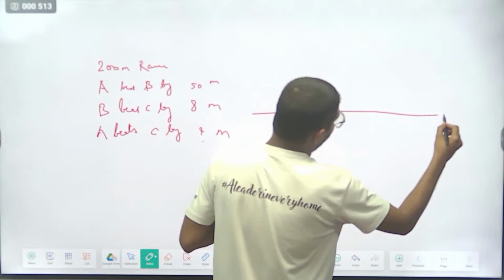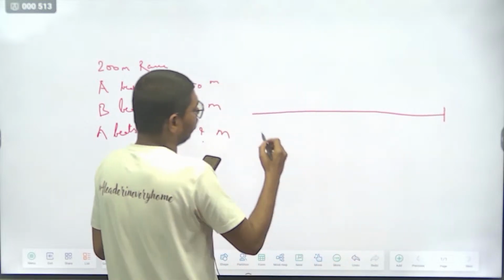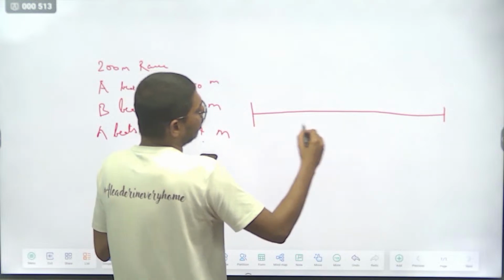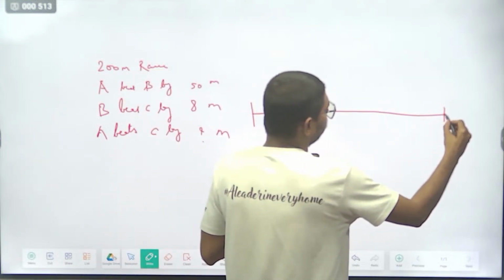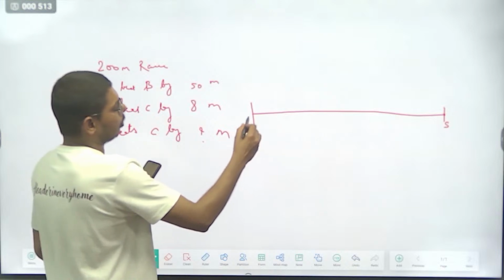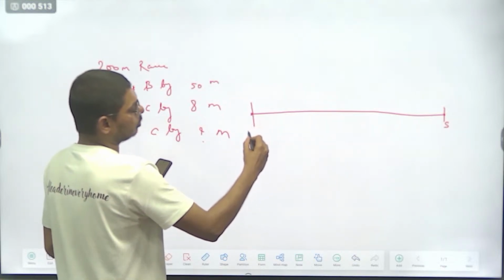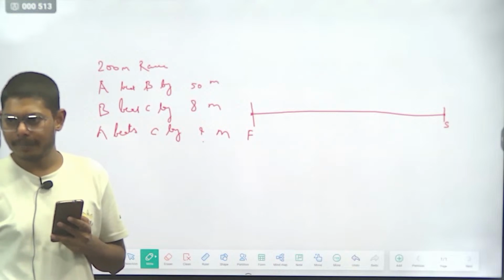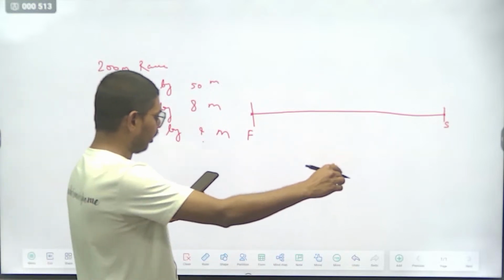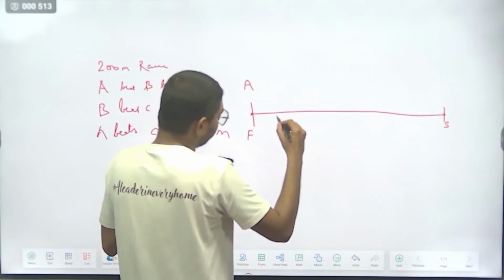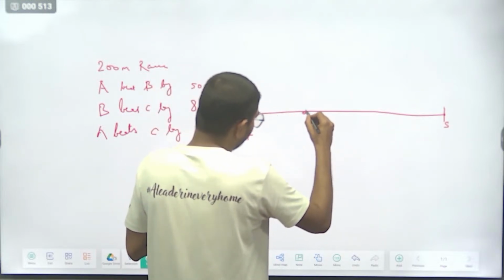You can write down something like this. This is a racetrack. This is the starting point, S. This is the finishing point. When A has reached over here, B is here.